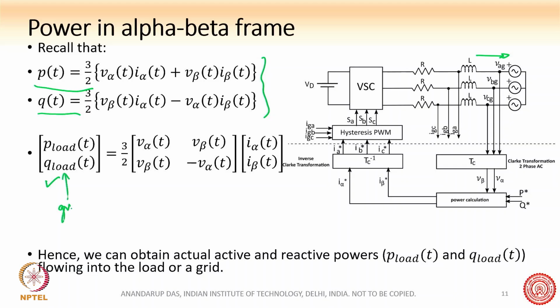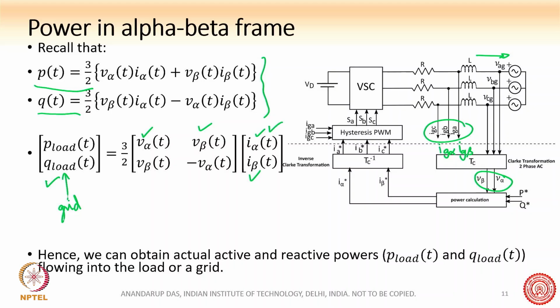So in this diagram, how much is the power which is flowing into the grid, I can always know, because I know what is the V alpha and V beta of the load or the grid in this case, and what is the I alpha and I beta which is flowing. How will I obtain it? Here you see V alpha and V beta is obtained, and similarly if you do this one, I will get the Ig alpha and Ig beta, and therefore these are the quantities, right?